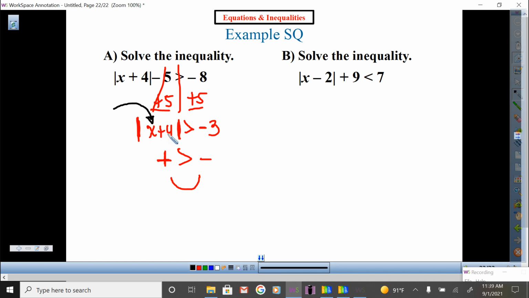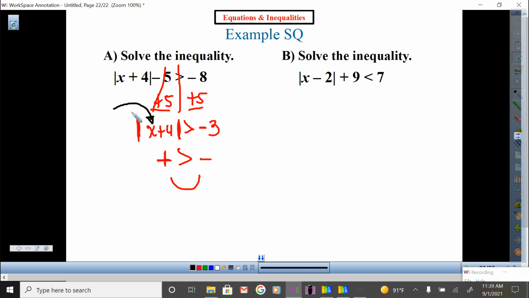If I substitute a 1, what is 1 plus 4? 5, so we should get a positive 5. If I substitute a negative 2, what number do I get? 2, yes. If I substitute a negative 10, that's negative 6, but then what comes out? A positive 6. So far so good? It doesn't matter what I substitute. Everybody agree with that?